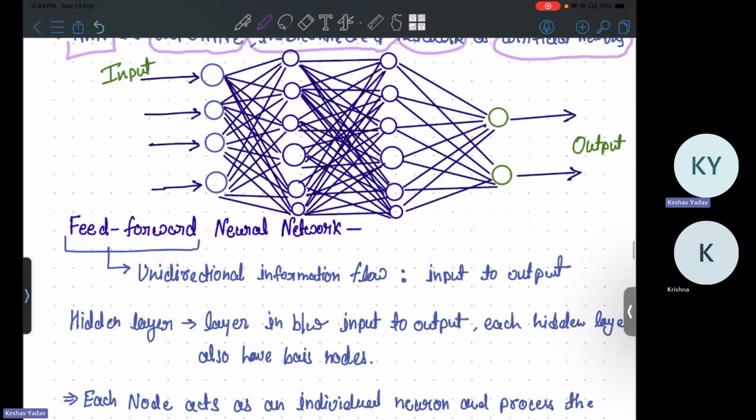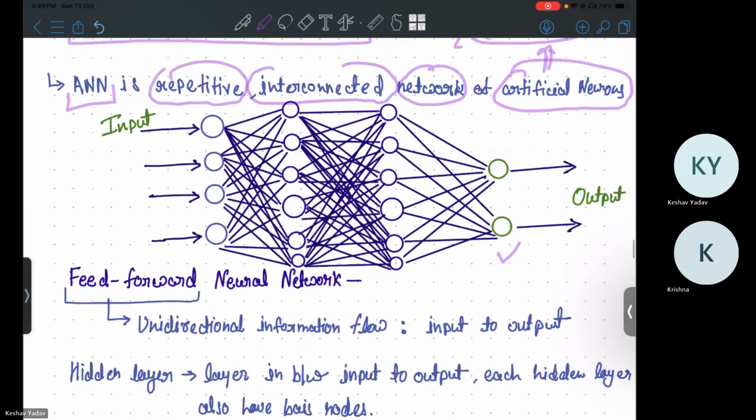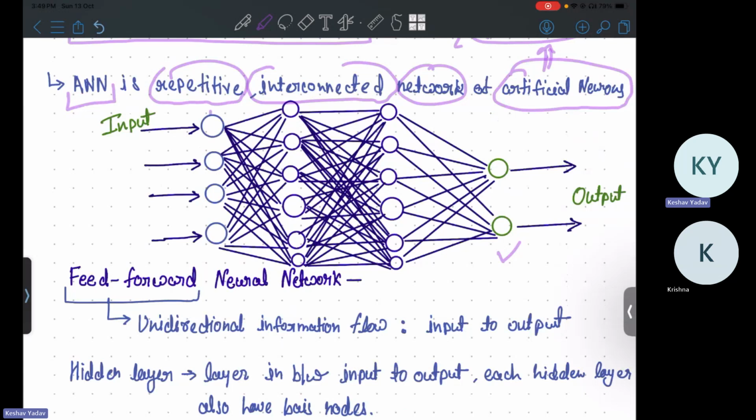This is a typical type of ANN, which is a feed forward neural network. It has an input layer, an output layer, and between them some hidden layers.